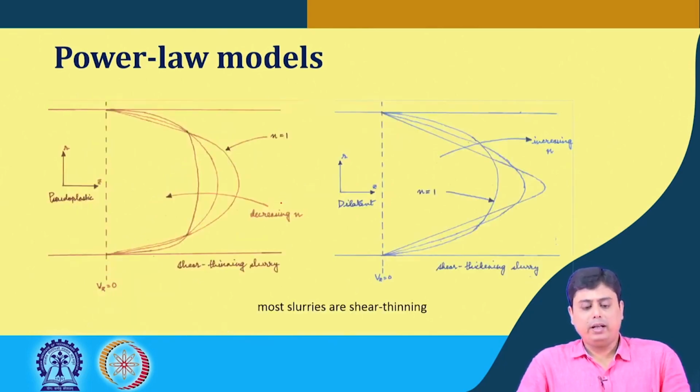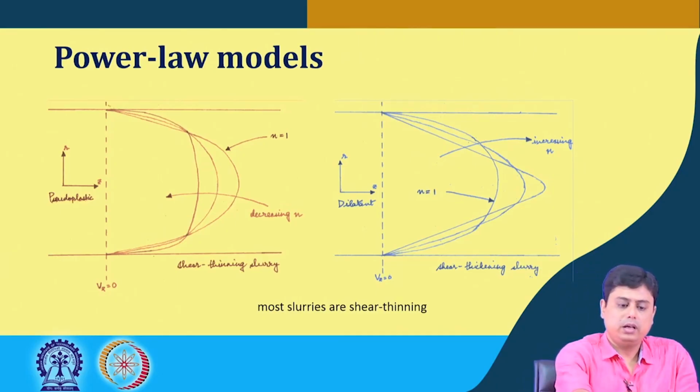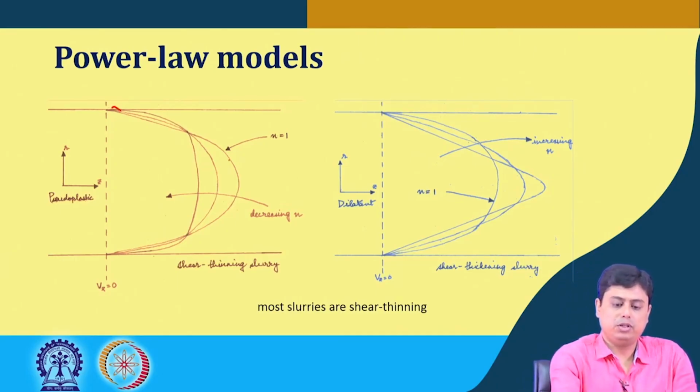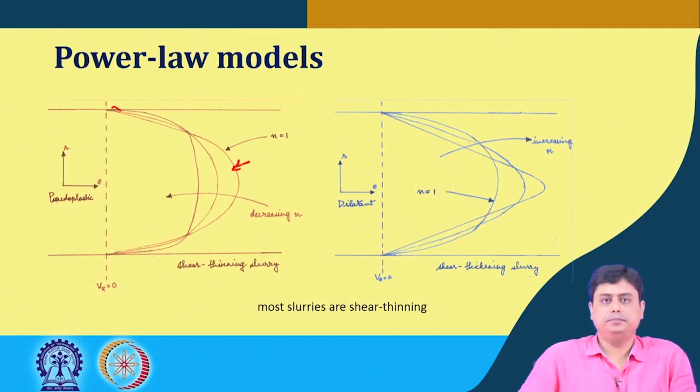Now what does this shear thinning or shear thickening behavior lead to, with changing values of n? The velocity profile of a Newtonian fluid in a pipe would typically be parabolic, represented by this line.